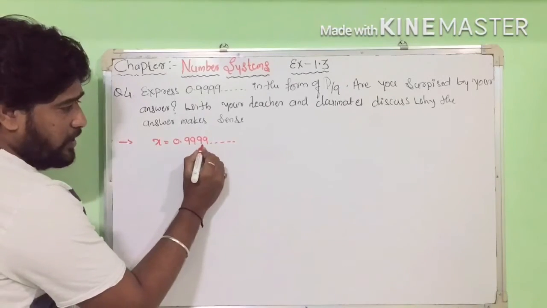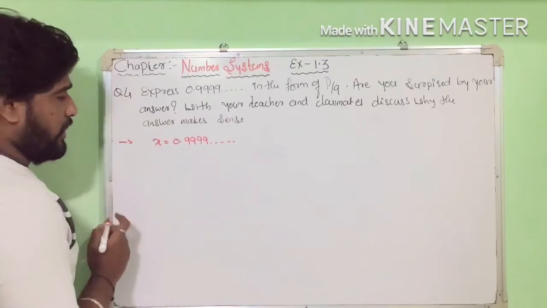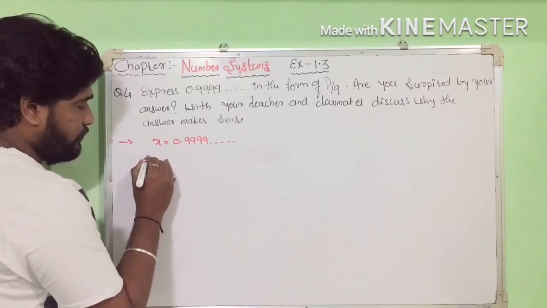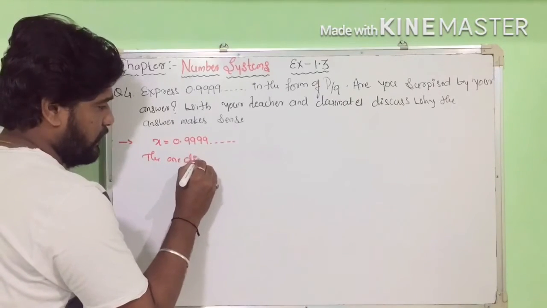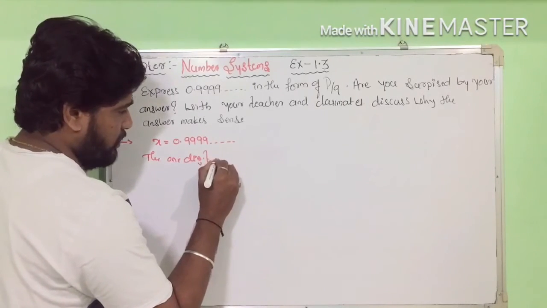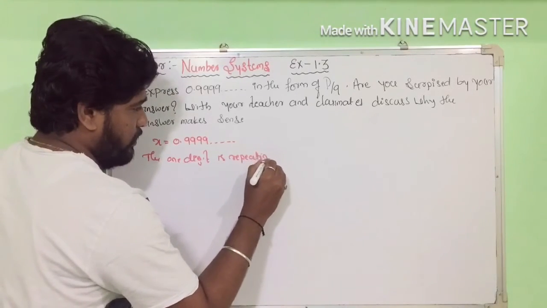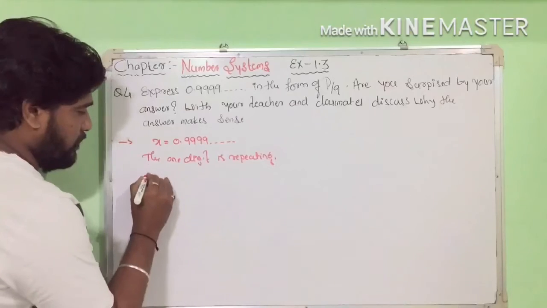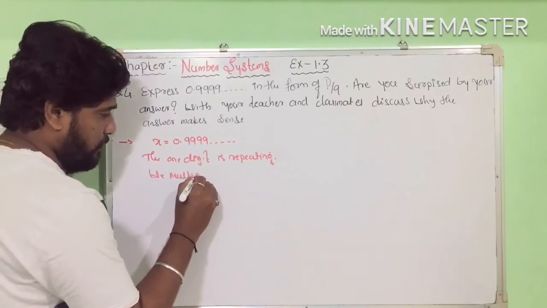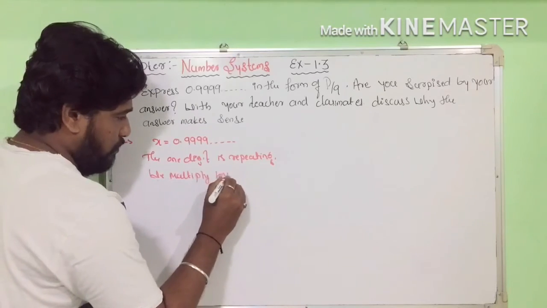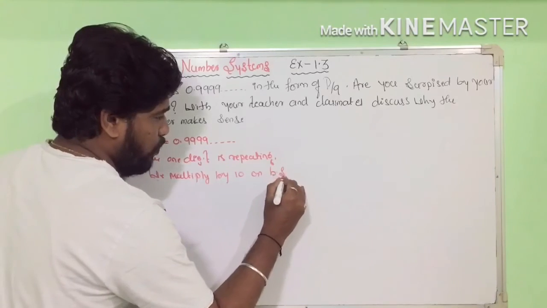So here one digit is repeating, means we want to multiply by 10 on both sides. Is it clear?